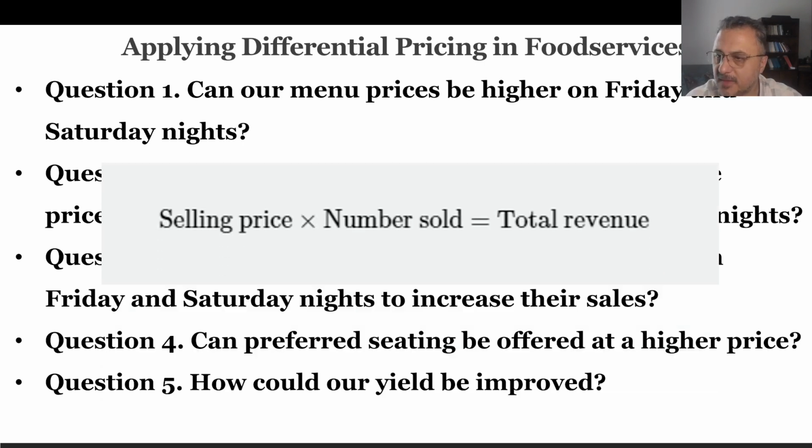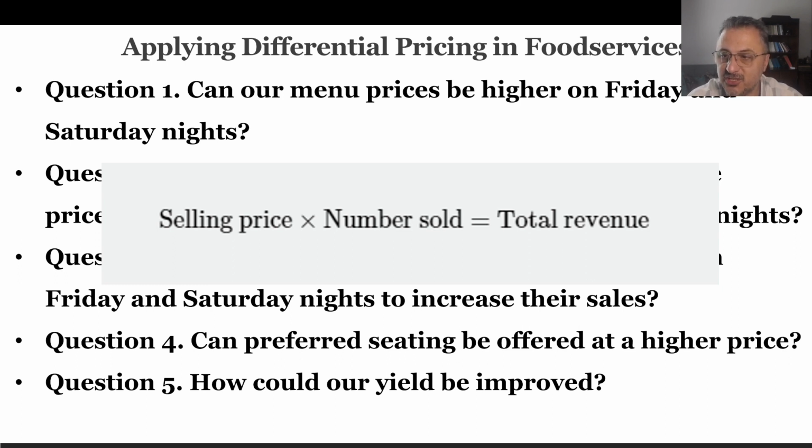Considering total revenue comes from the price times the number of items sold, instead of raising price, you can try to increase the number of items sold. We also learned sometimes lowering prices brings more customers, especially if items are prepared and consumed in a shorter time.